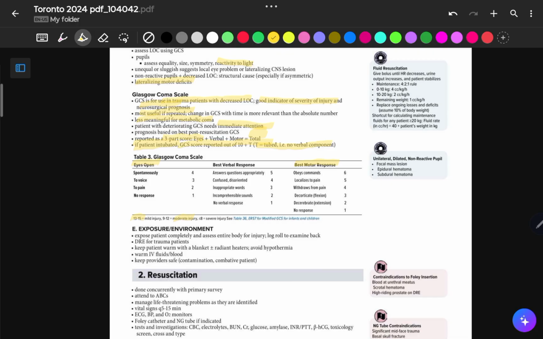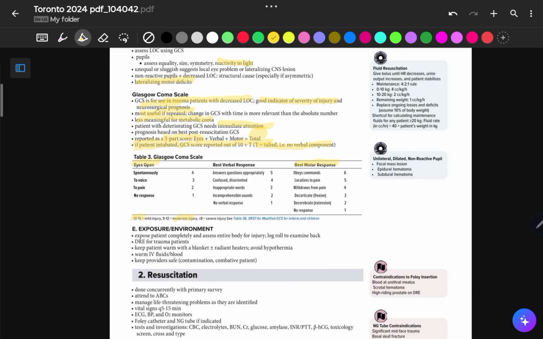Then for motor response, starting with 6, they actually obey commands. So you tell them, lift up your hand, they're able to lift up their hand. And then for 5, they're not able to obey commands, but if you ask where they are having pain, they're able to localize pain. So 6 would be obeys command, 5 would be localizes pain, 4 would be withdraw from pain.